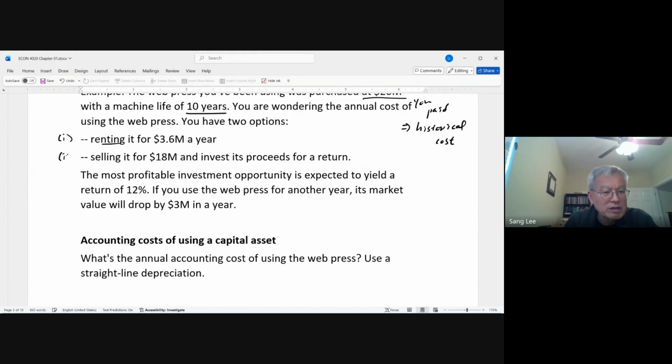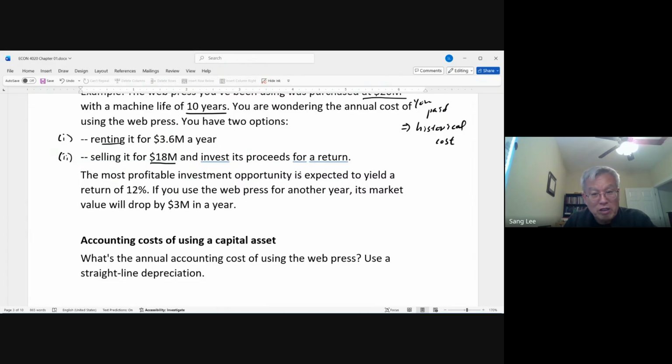And the second option you have here is, instead of renting it out, you may just want to get rid of it. You're going to sell it to someone else. Well, a similar web press machine can be sold for $18 million in today's market. Then when you sell it, you can use that money.